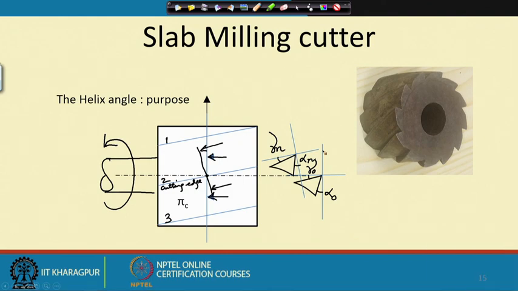The chip velocity will be contained in the orthogonal plane if there is no effect of the side or auxiliary cutting edge. But if an inclination angle is provided, the chip is deflected from the orthogonal plane and we can have a desirable direction of the chip by suitable selection of the inclination angle.